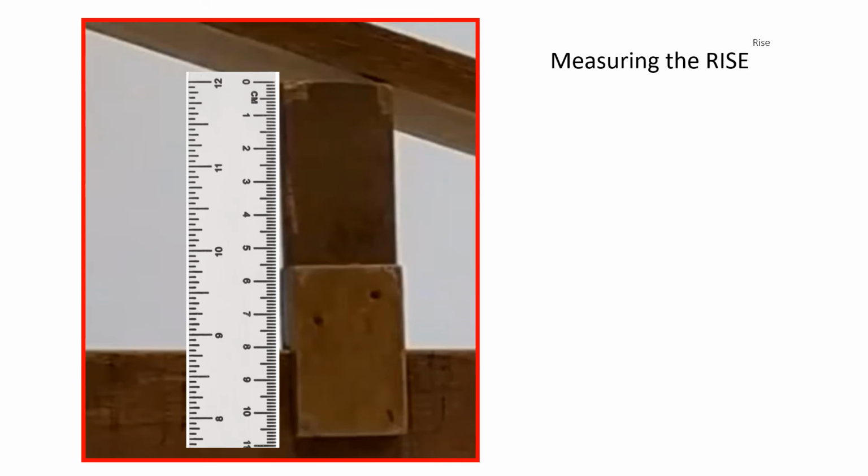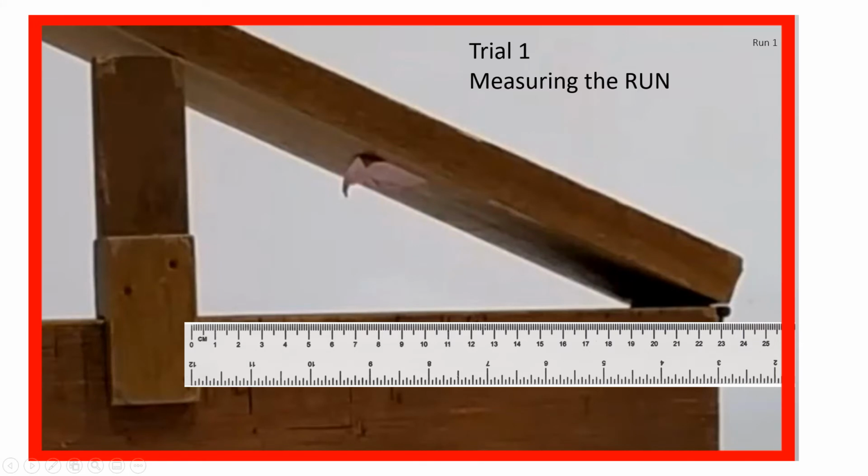Take note that the rise for all trials from trial 1 to trial 4 will be the same. This time, read the measure of the run. If you need more time, you may pause this video.